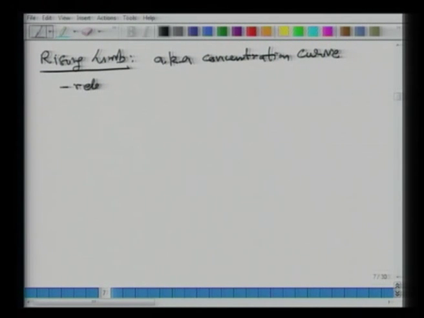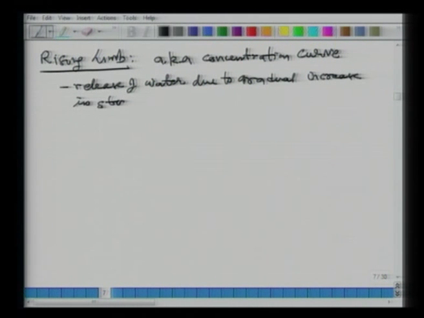So, what you see as the rising limb is basically the release of water due to gradual increase in the storage of the catchment.